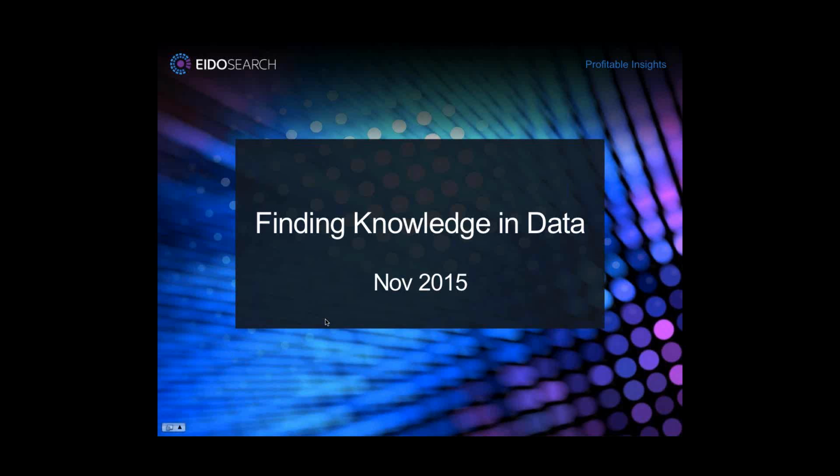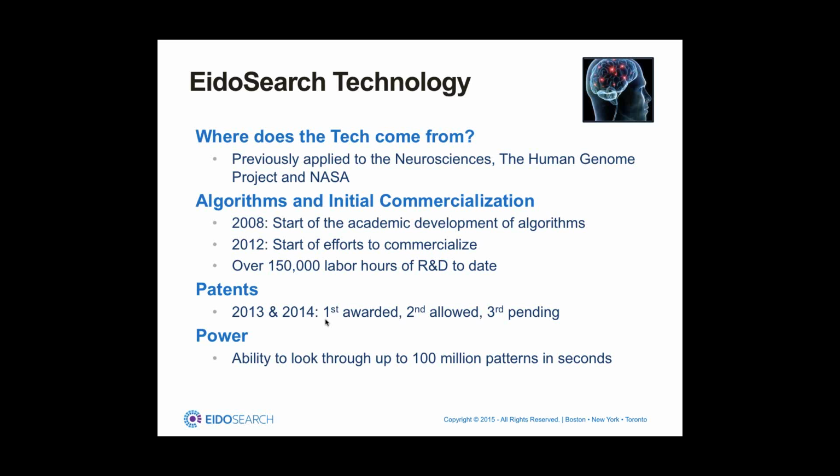I appreciate everybody joining and taking the time to learn a little bit more about EidoSearch. I will start with a little bit of background so you know the context of where our technology comes from. What we do at EidoSearch is predictive analytics, and we take a unique approach that comes from outside of finance, which is search by example.